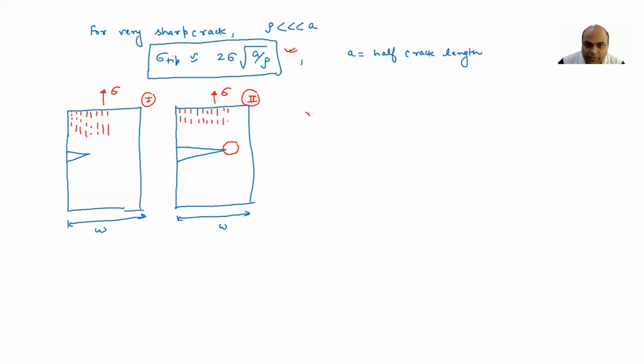So overall, the stress concentration depends upon the crack length as well as shape.